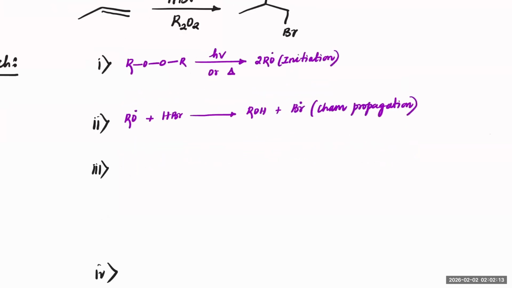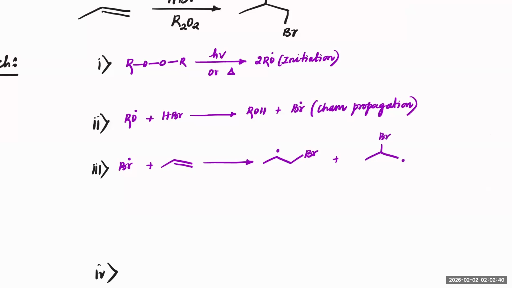And once you get Br dot, the Br dot is a very selective reagent, if you may recall. When it is supplied to a double bond, Br can add this way: Br will add onto this pi bond, making a dot here. Or it can add on this side of the pi bond and make a dot here.